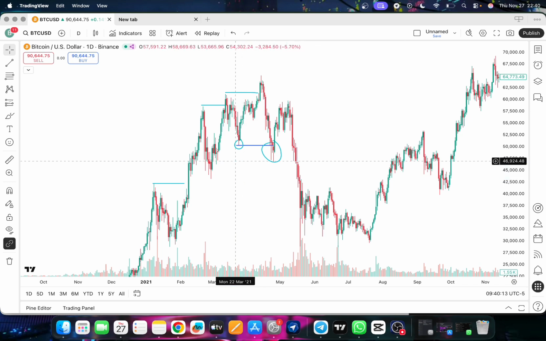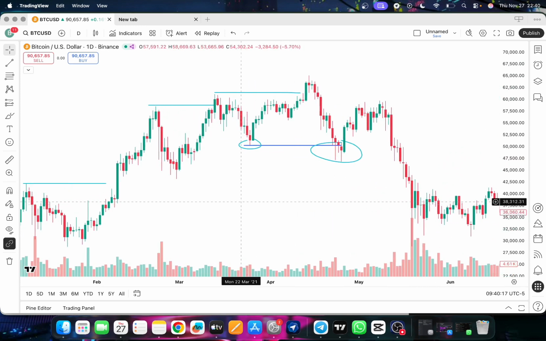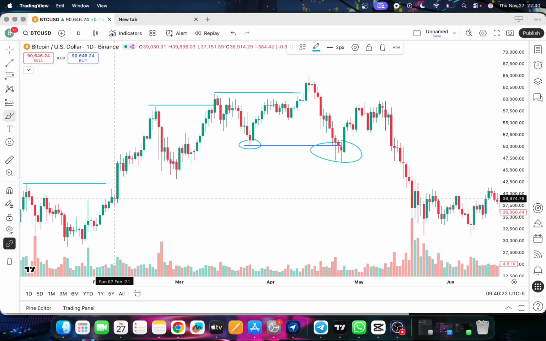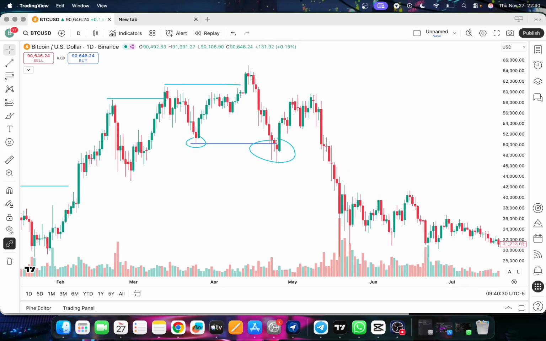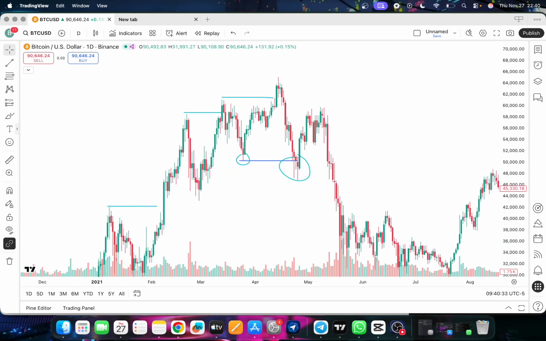If you can't remember what candle bodies are, then go back and watch the last video. The bodies are not including the wicks, lads, yeah? The candle body needs to close for it to be valid.